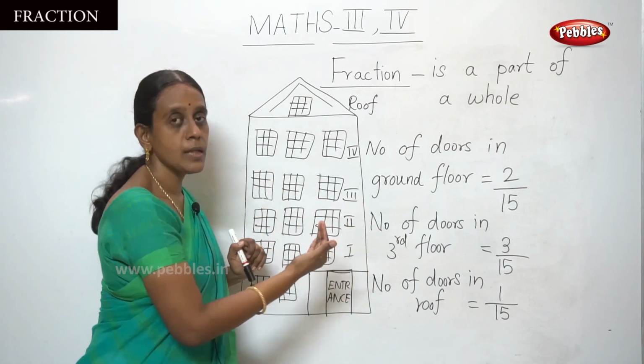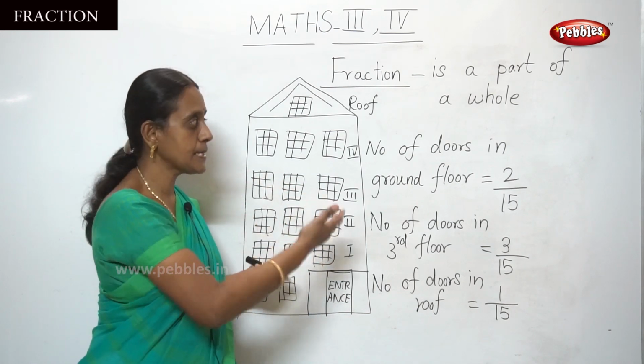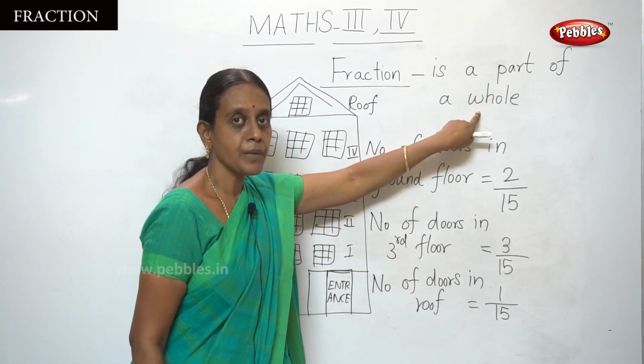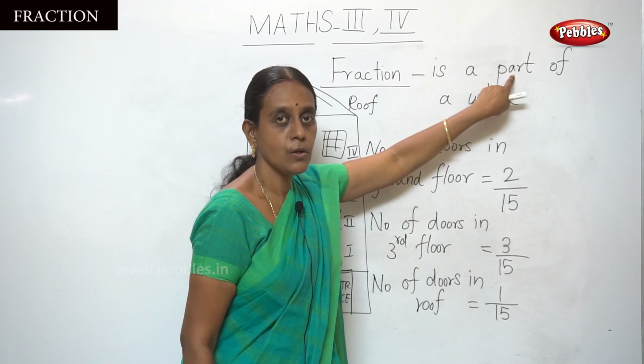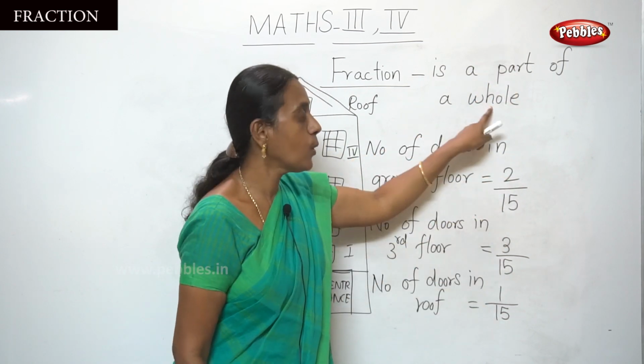Next we move on to the terms used in fraction. Do you understand what is meant by whole and what is meant by part? This is the part, and the number 15 is the whole.